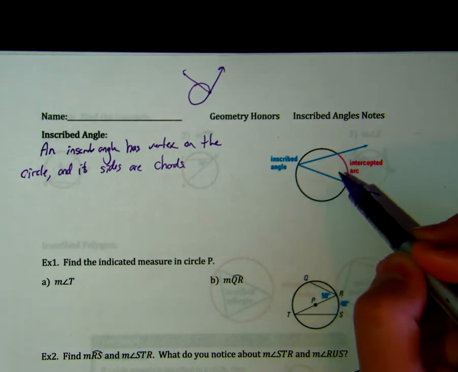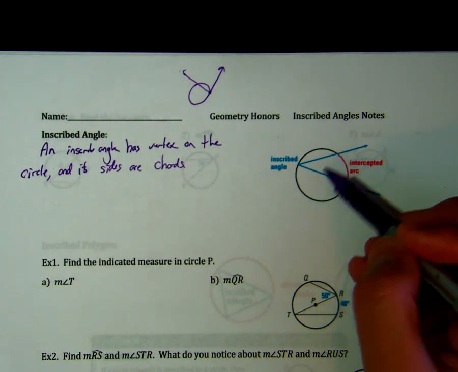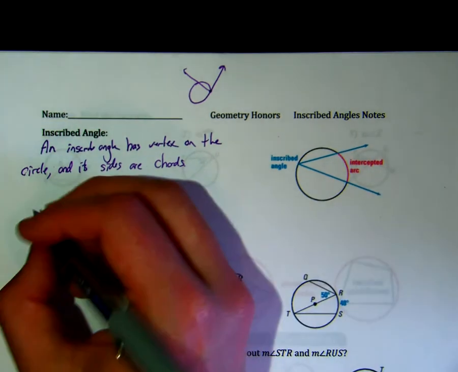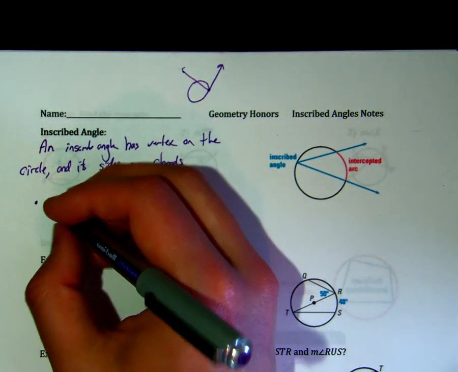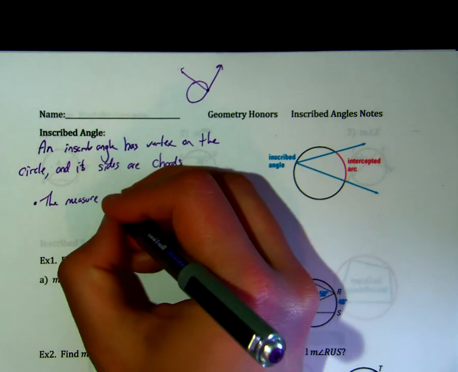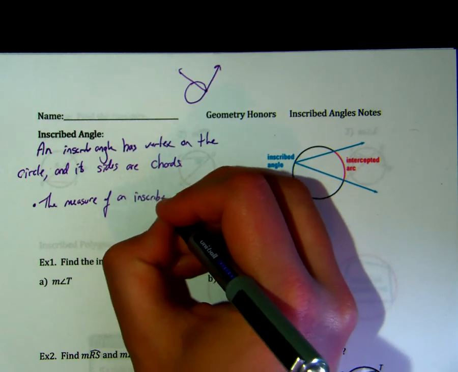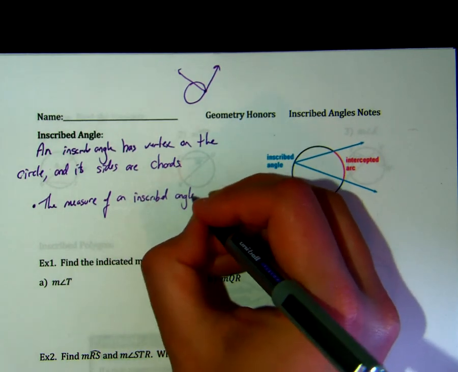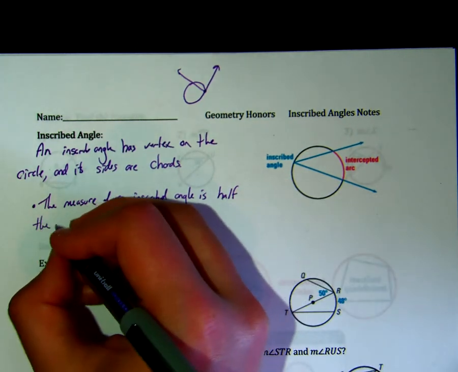Okay, so the measure of a central angle we talked about previously is equal to the measure of the intercepted arc. For inscribed angles, it's another easy one to memorize. The measure of an inscribed angle is half the measure of the intercepted arc.